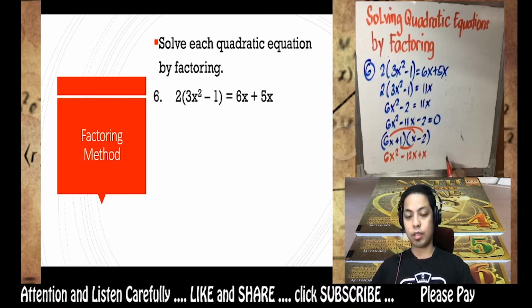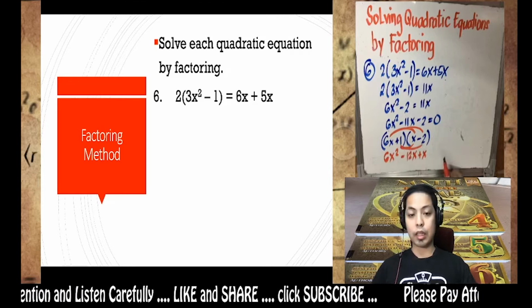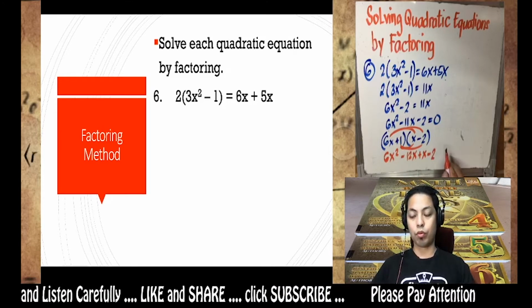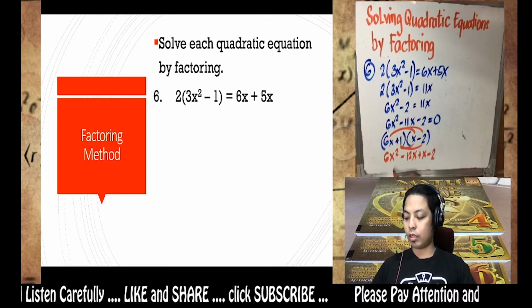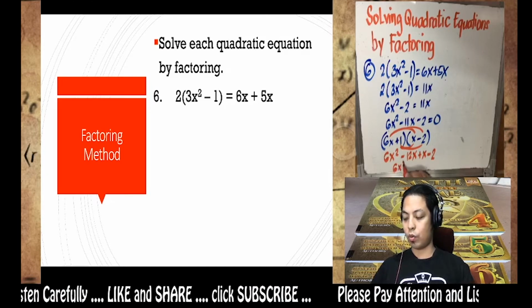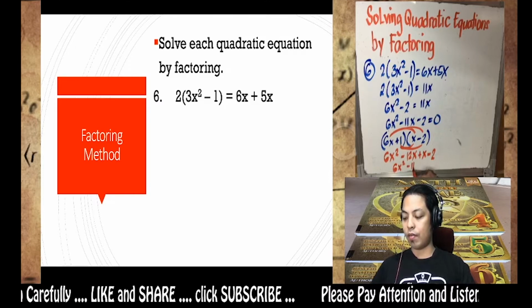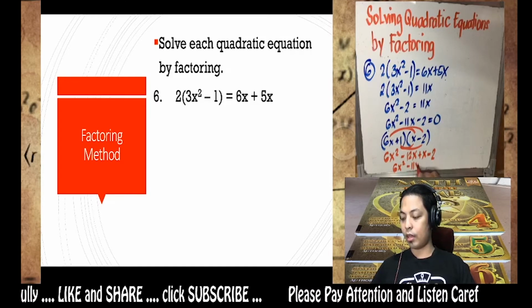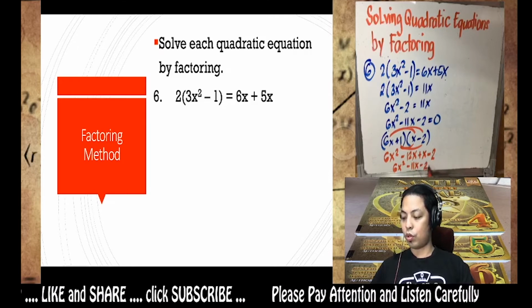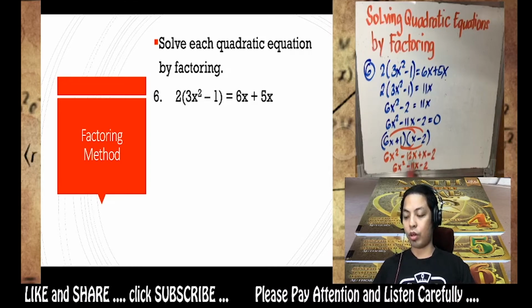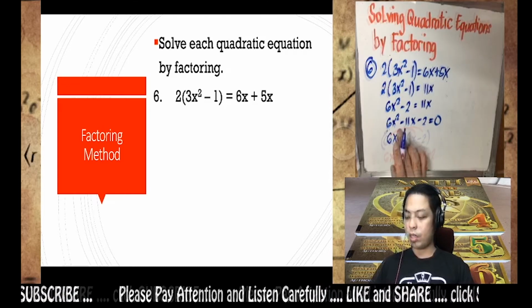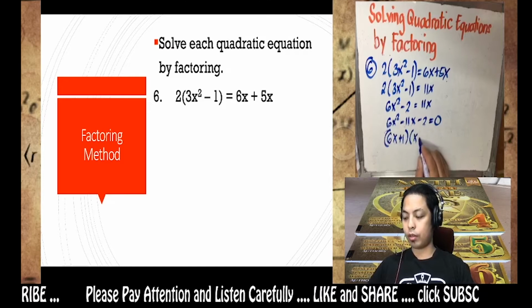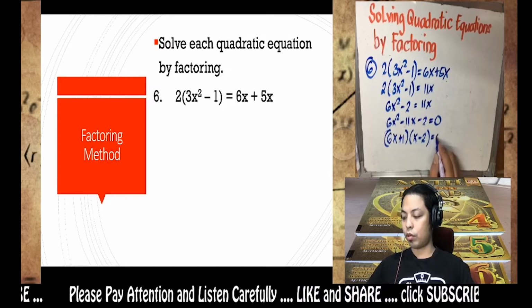And then positive 1 times negative 2 is negative 2. Combining these terms, we have 6x squared minus 11x minus 2. So our factoring is correct. 6x plus 1, multiplied by x minus 2, is equal to 0.